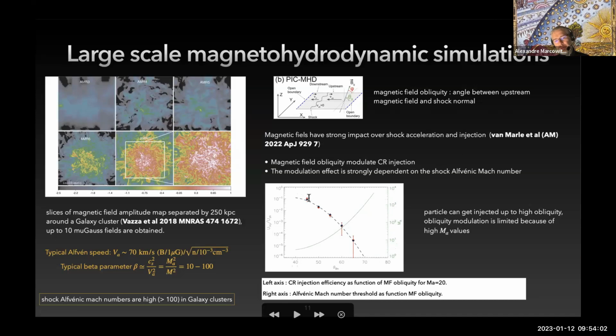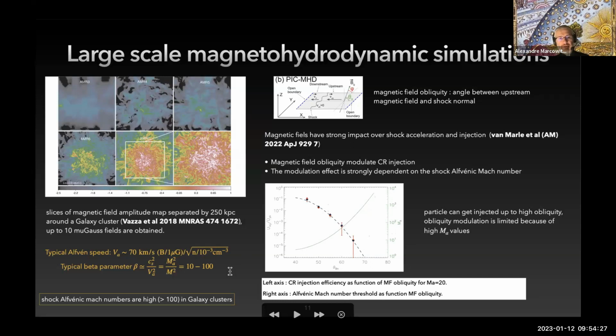And you see that the particle injection is dropping considerably. This is a ratio of the cosmic ray energy to the gas kinetic energy. So it's dropping quickly as you are going toward 65 degrees. But this limit angle where you can inject particles is increasing with the Alfvénic Mach number, in fact. And this is what we found.